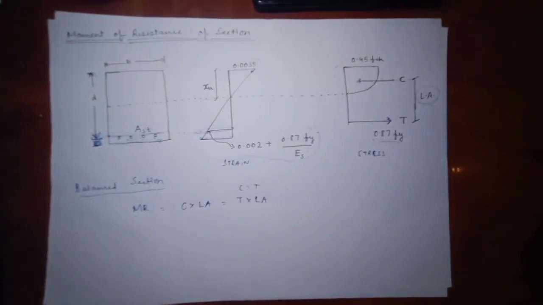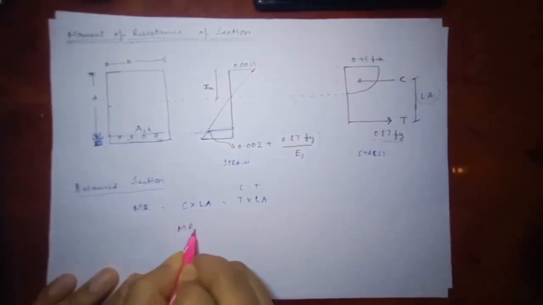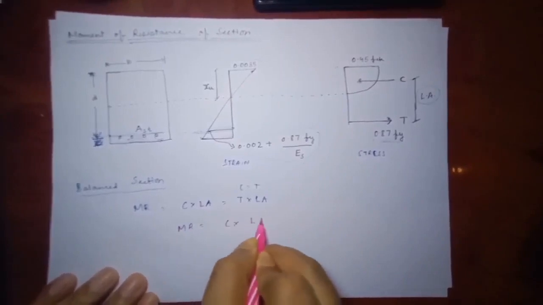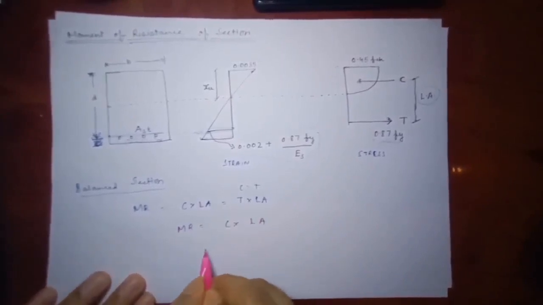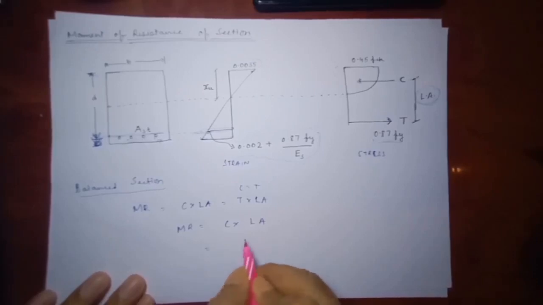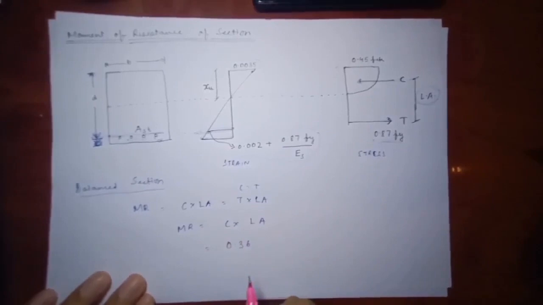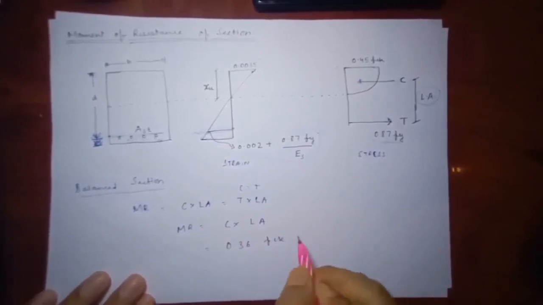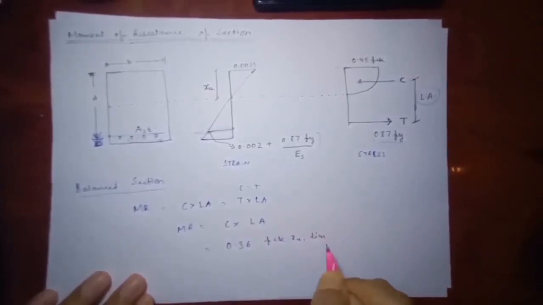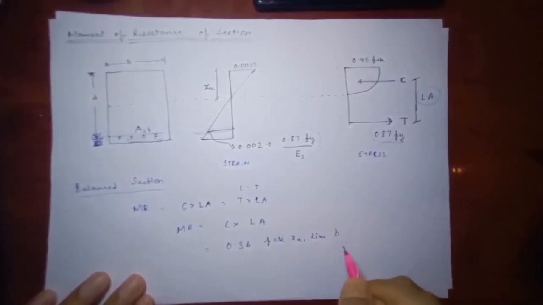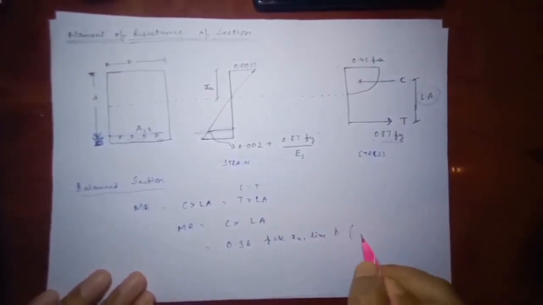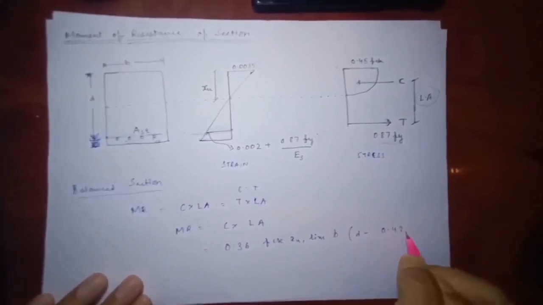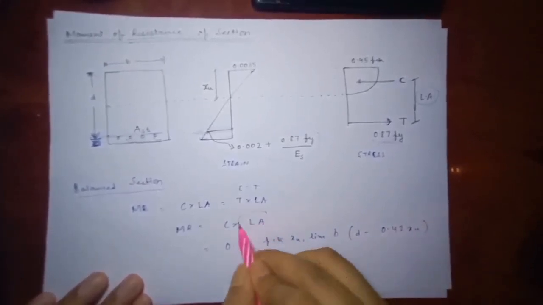So MR can be written as MR is equal to C cross LA, and C can be represented as, suppose I am writing it, 0.36 FCK XU, and I am writing it XU limit because this is the balance section, times B, and in place of D I will write D minus 0.42 XU, and this is my lever arm.